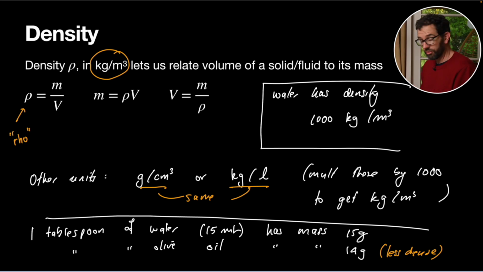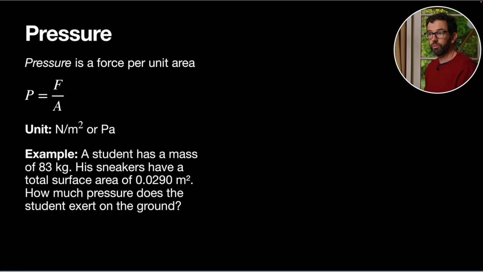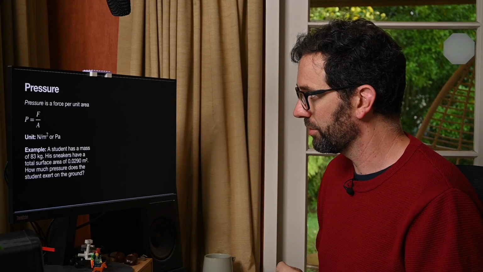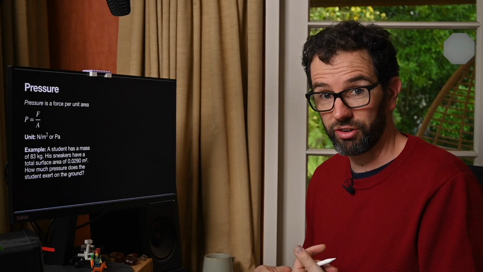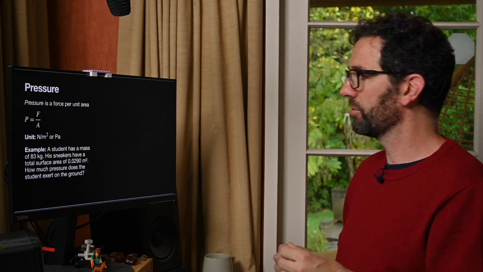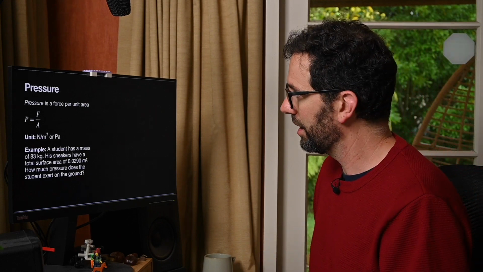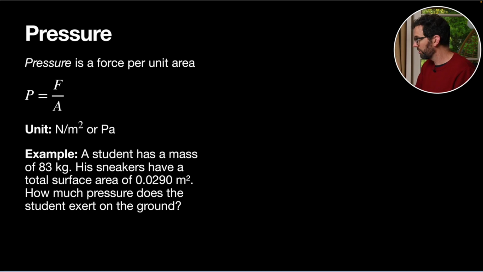Okay, so that's density. Another concept that we're going to use all the time is that of pressure. So pressure is just defined to be a force per unit area, very much like stresses as we were dealing with in our elasticity. So stresses are kind of a pressure. Basically when a force is being applied over an area, then we call that a pressure.